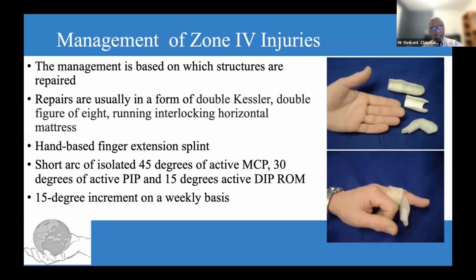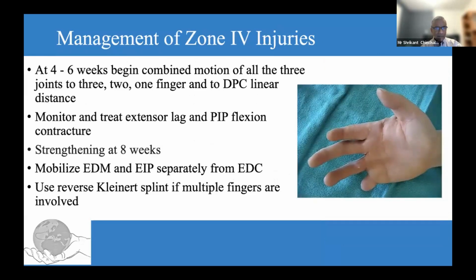And you may decide, based on the type of repair these patients have, to initiate a short arc of motion to 45 degrees at the MCP, 30 degrees at the PIP joint, and 15 degrees at the DIP joint, on an incremental basis. After about 4 to 6 weeks, you can initiate composite flexion.